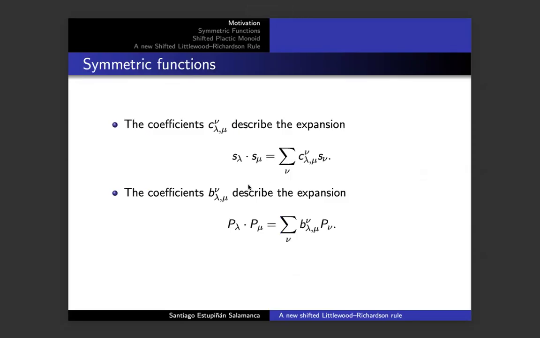Now, the reason that symmetric functions are useful in this context is because the coefficients describing the multiplication of classes in cohomology are exactly the coefficients that appear in the expansion of Schur symmetric functions and P-Schur symmetric functions correspondingly.